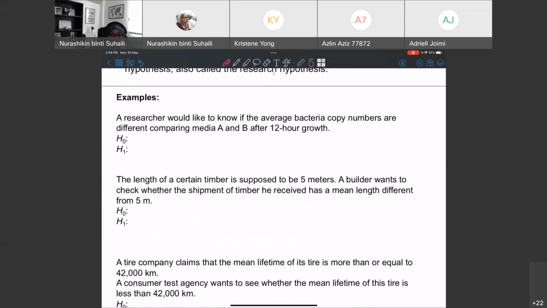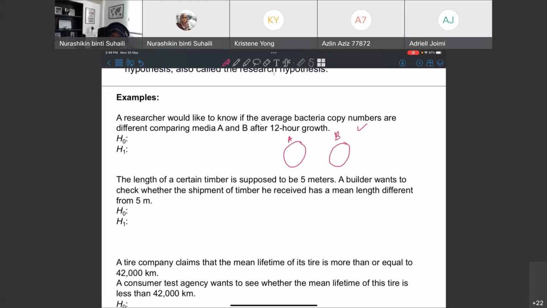A researcher would like to know if the bacteria copy numbers are different comparing media A and B after 12-hour dose. So that is the situation given to you. So you have A and you have B. That's the two samples.